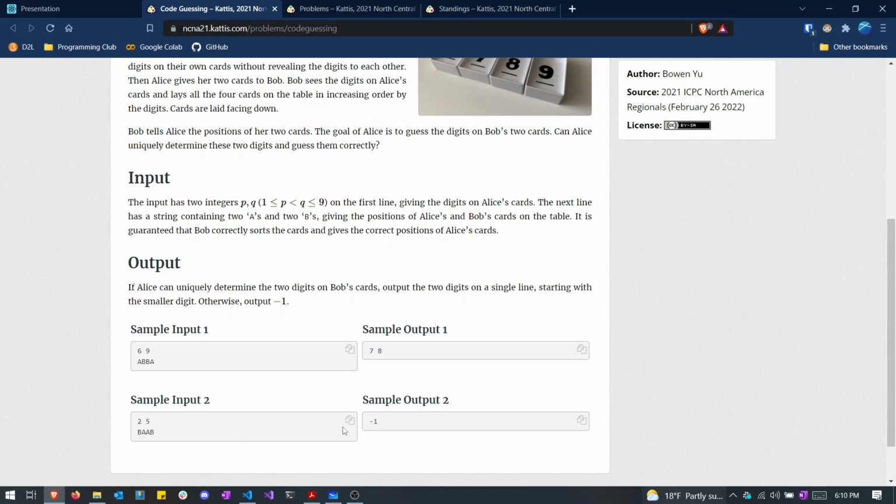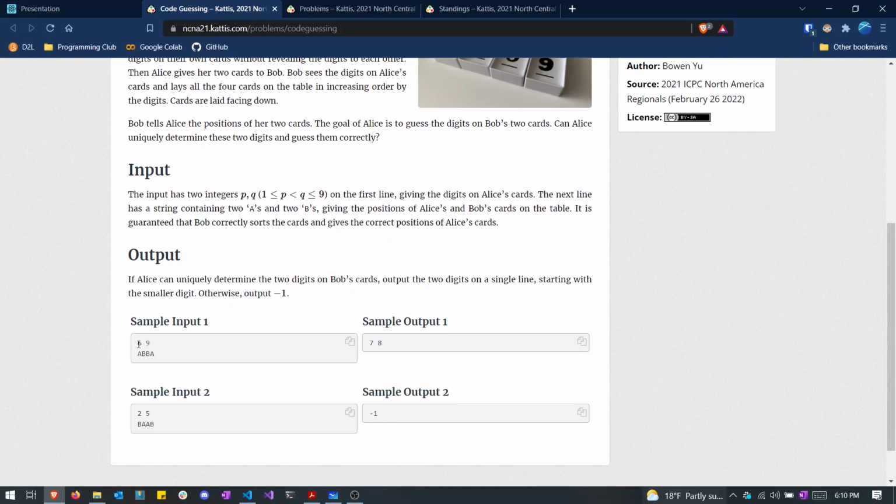If we cannot predict what Bob's cards are going to be, we output a -1. For example here, 6 and 9 are Alice's cards, and it gives the orientation as well, to make sure that the cards are in increasing order. As you can see, Alice has the lowest card and the highest card. Because she has 6 and 9, and we know that Bob's cards are in between, we know that it's 7 and 8, so 6, 7, 8, 9.